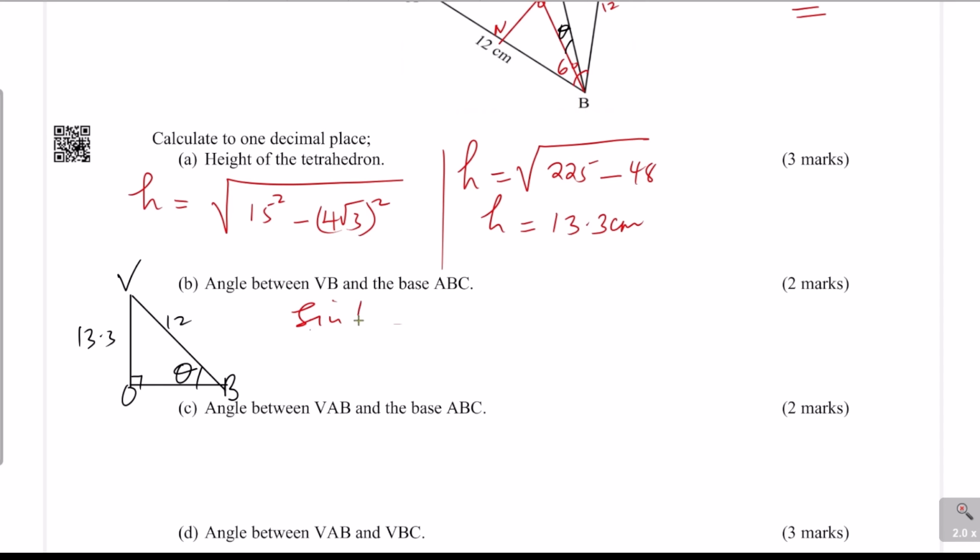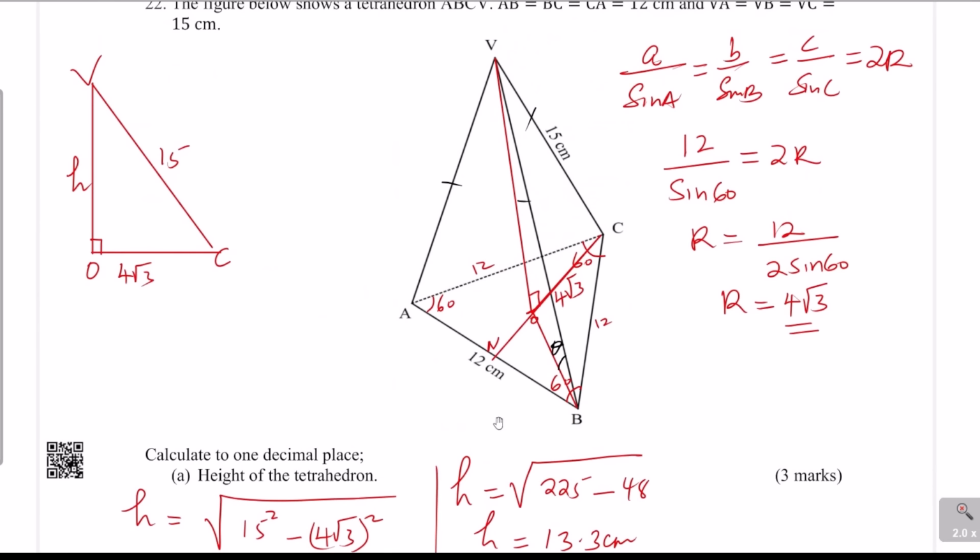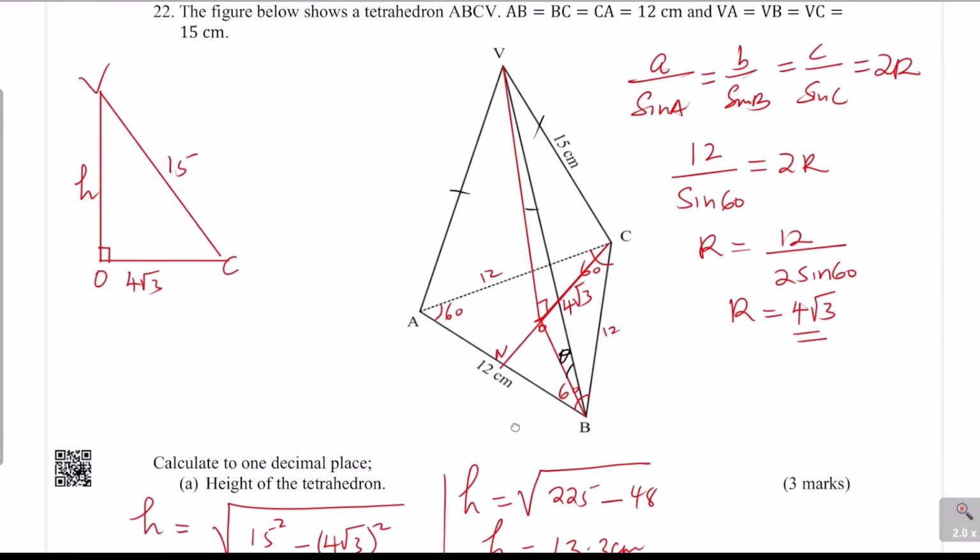So sine of theta will give 13.3 divided by the hypotenuse. The hypotenuse is 15. I'm sorry, I wrote 12. This one should be 15. Just look at the diagram. VB is the slant height of all these, which is 15.